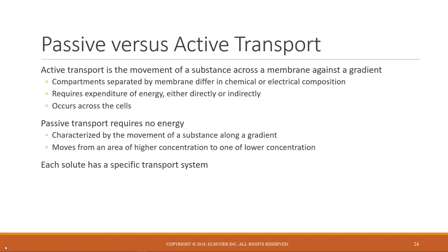And this requires the expenditure of energy either directly or indirectly to get the substances across the membrane, and it occurs across the cells. Passive transport requires no energy, and it's characterized by movement of a substance along a gradient where the substances will move from an area of higher concentration to one of lower concentration. Each solute in the blood has a specific transport system.